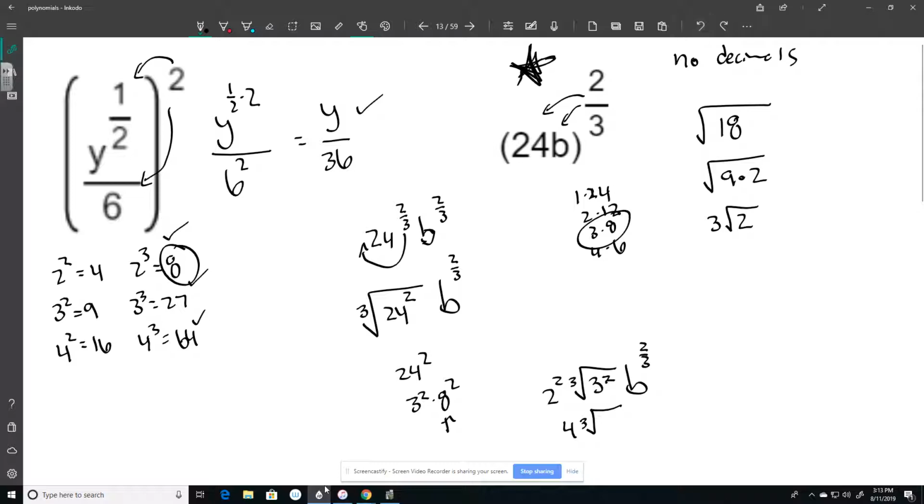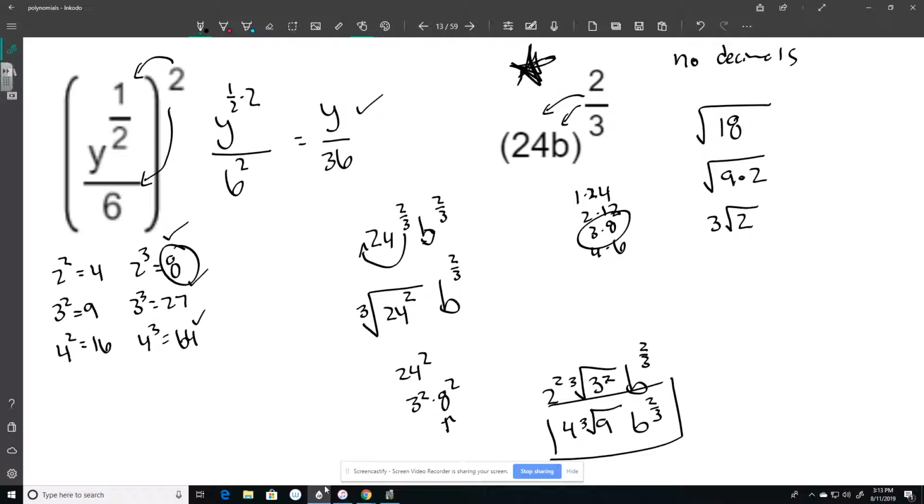Actually, let's just change that because I know that 3 squared is 9. And then b to the 2/3 power would be your final answer. That's the shortcut. If you can break up this 24 into something you know the cube root of, the 8 and the 3, you can pull it out just like we did with square roots. Sometimes it can be difficult to recognize what the cube roots are, which is why I would recommend you memorize a couple of them.